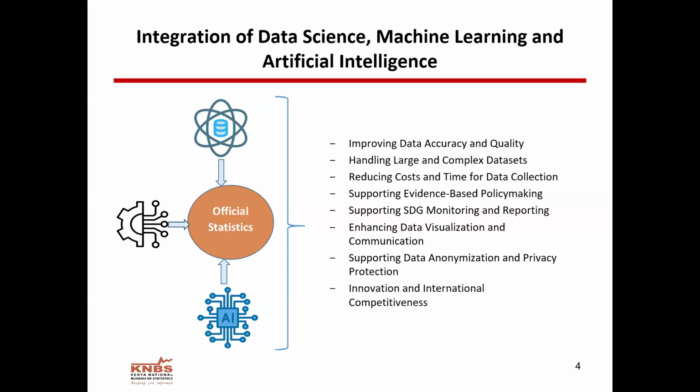The reason why Kenya National Bureau of Statistics is integrating machine learning, data science, and artificial intelligence in production of statistics is because we want to improve data accuracy and quality. And this is because when you, for example, automate your data quality checking, it means that the data which comes into your system is accurate and also of high quality.